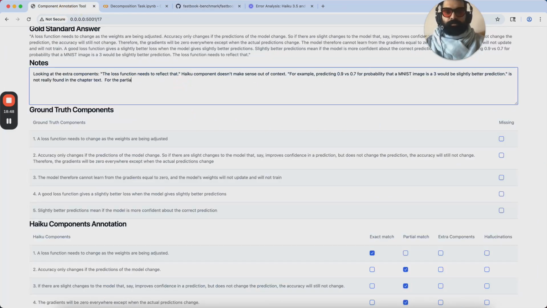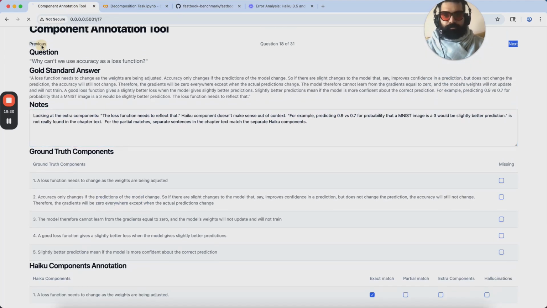And I'll say for the partial matches, separate sentences in the chapter text match the separate Haiku components. So I don't know if this is going to work, right? I could be wrong that it's too granular and it doesn't find the right passage, but I'm just using my intuition for now, and we'll test that out. And I think that's good enough for that.